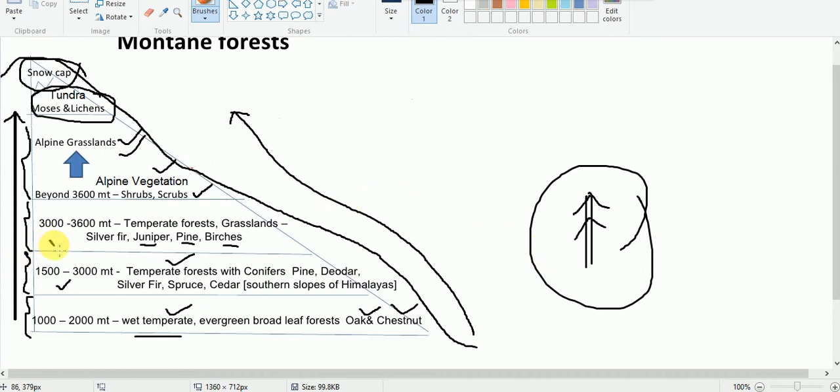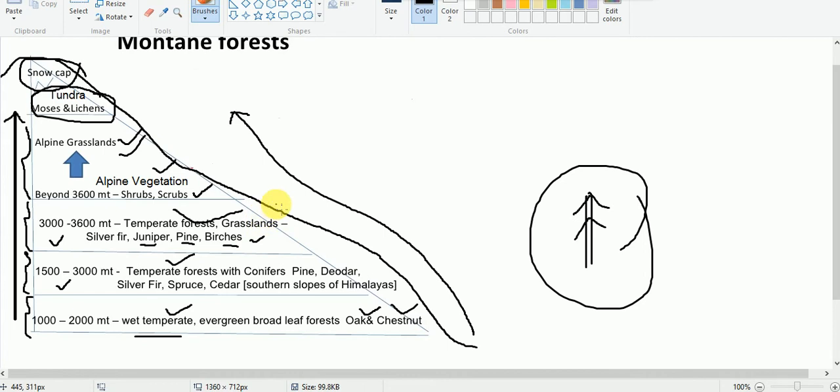Then between 3,000 to 3,600 meters, we find temperate forest mixed with grasslands, temperate grassland. Important trees grown here are silver fir, juniper, pine, birch, ash.